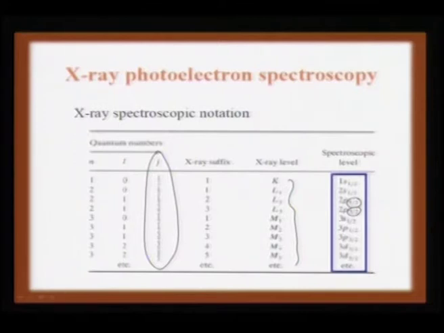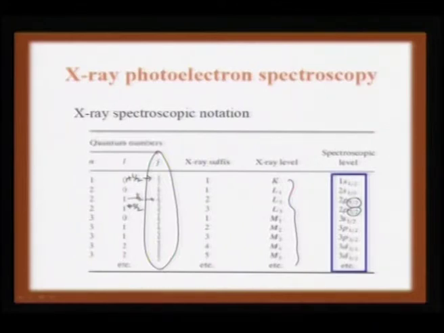For example, if your spin is 1/2, then 0 plus 1/2 will give you 1/2. If L is 1, then 1 minus 1/2 will give you 1/2, or 1 plus 1/2 will give 3/2. So, the suffix is actually a product of both L plus S, which is denoted as J.